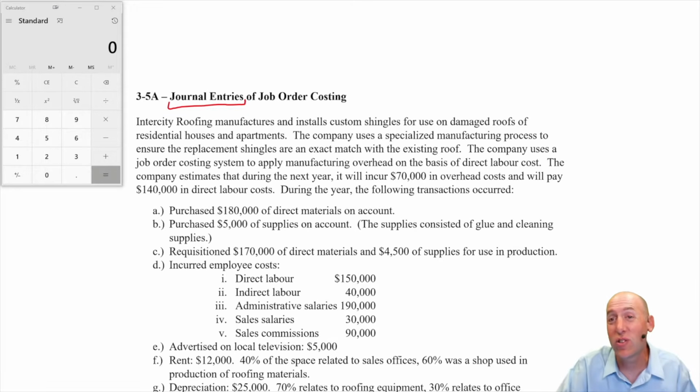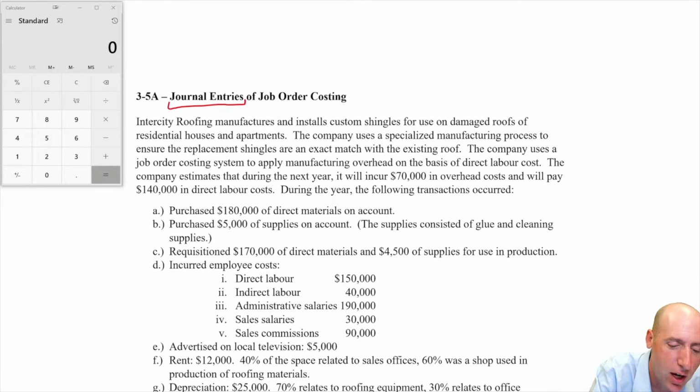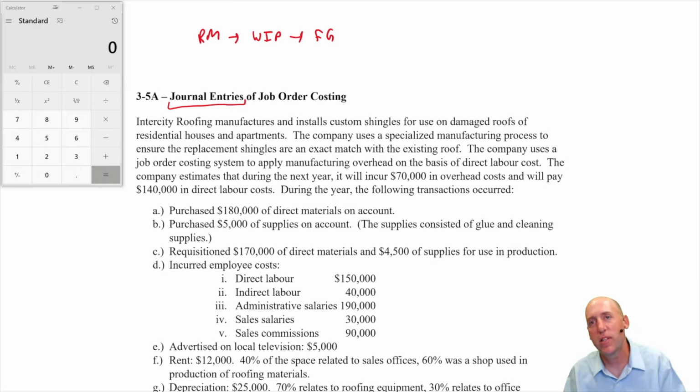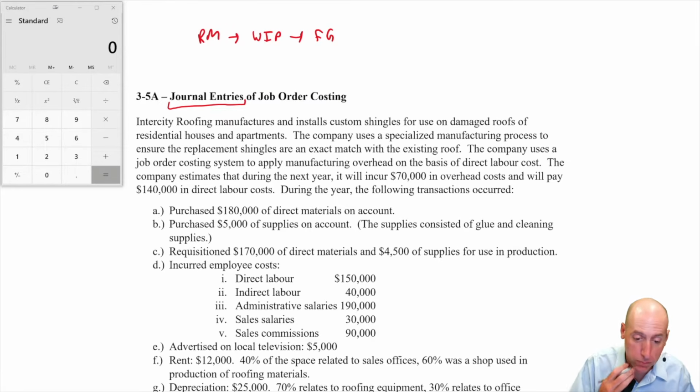This is the journal entries kind of following that flow through the system as costs go from materials costs to work in process costs to finished goods. I think I said DM. What I should have said was RM, raw materials to work in process to finished goods.